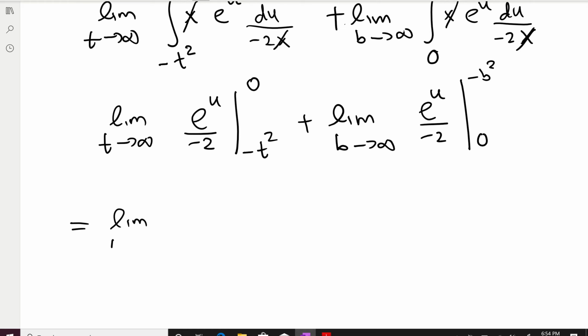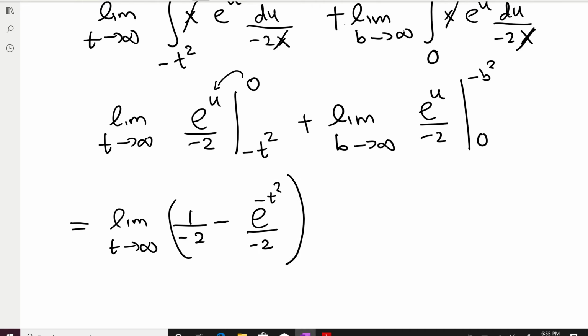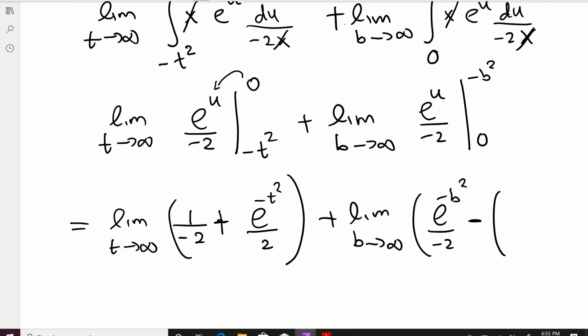So, limit when t goes to infinity. If you substitute 0 for u, it's e to the 0, which is 1, so it's negative half, minus, now substitute negative t square, so it's e to the negative t square over negative 2. This negative and this negative, let's make it positive. Plus, here, limit when b goes to infinity. Now plug negative b square for u, so it's e to the negative b square over negative 2, minus, now substitute 0, e to the 0 is 1 over negative 2.